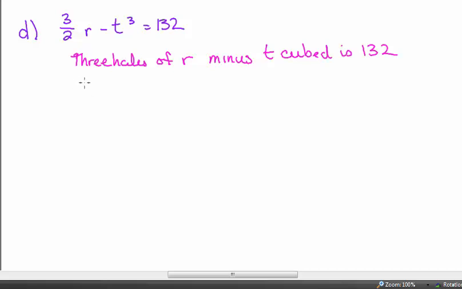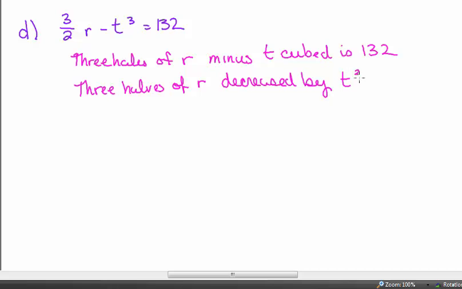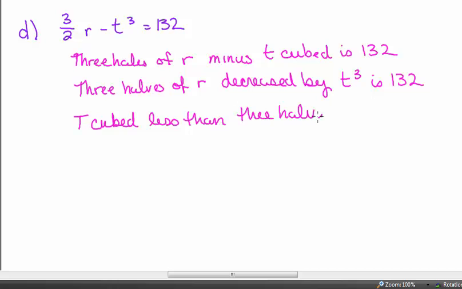I could say 3/2 of r decreased by t cubed is 132. I can say t cubed less than 3/2 of r is 132, etc. So there's a couple different correct answers.